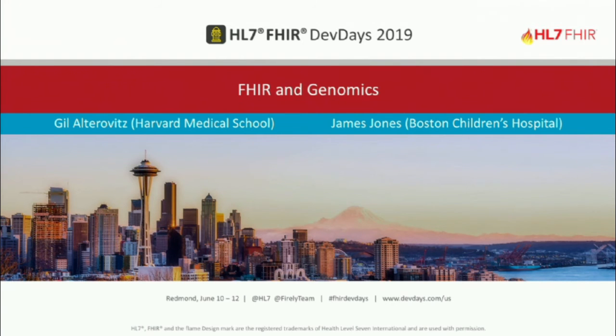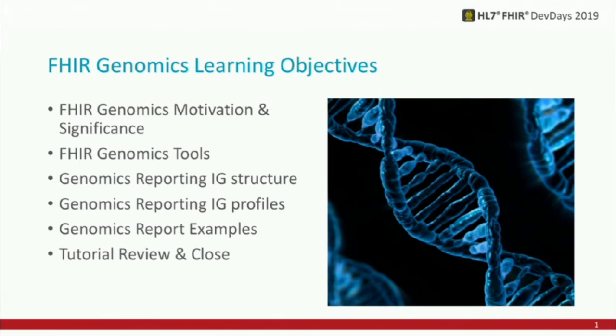I think we'll have a good time and get into some details of one of the bulkier implementation guides out there for FHIR right now, and see some special use cases here in FHIR Genomics.